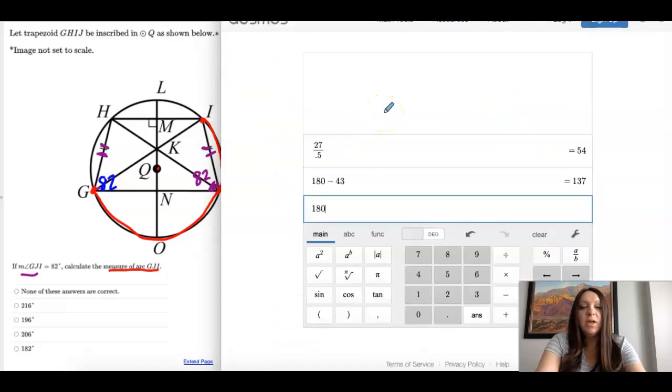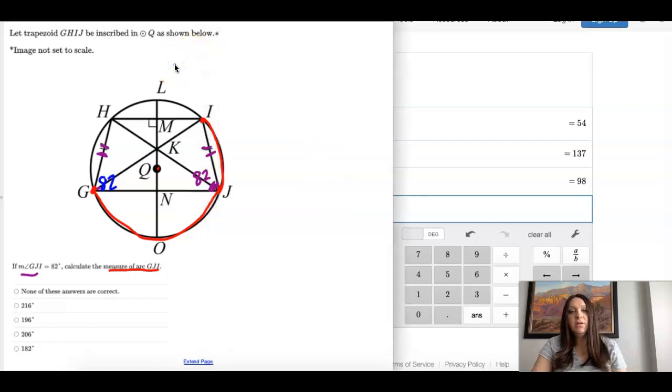So if I take 180 minus the 82 we were given, and I go across the quadrilateral, this will be 98, and this will be 98. So now I know all my angles. Now I need to figure out how to get some arc lengths here. So let's see.